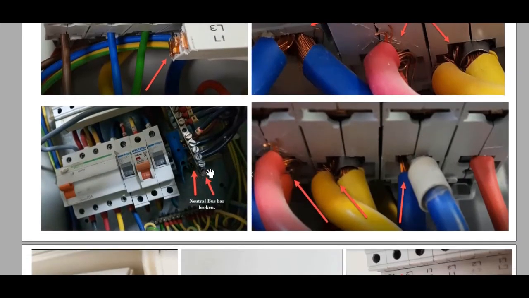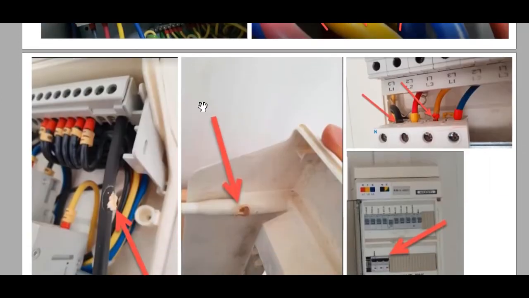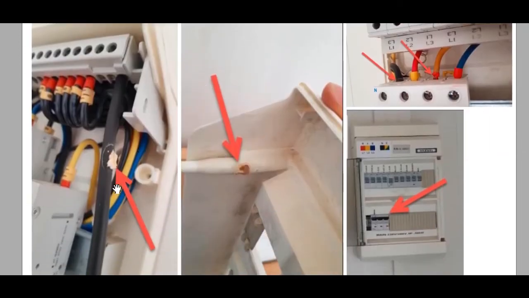As you see here, for example, this is a neutral bus bar. It is broken. This bus bar must be fixed here, so they are going to change this neutral bus bar. As you see here, for example, this neutral was melted onto the body of the panel, this is the distribution panel, and this is a PVC panel.